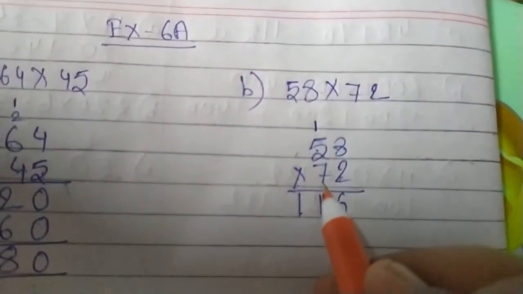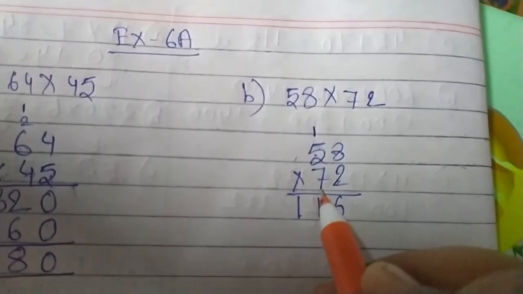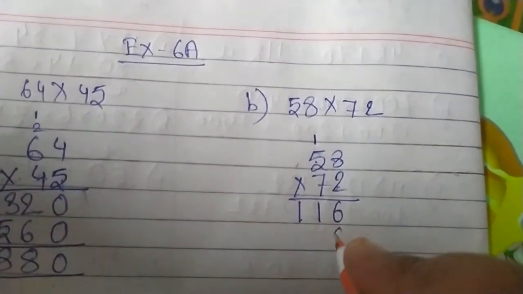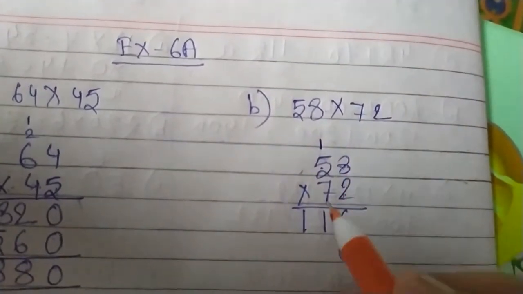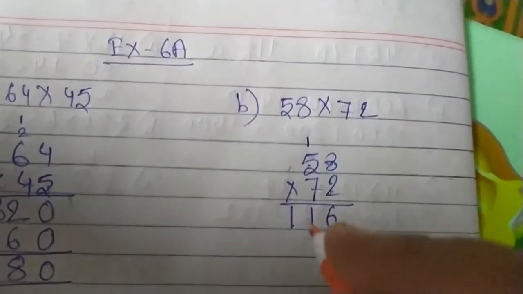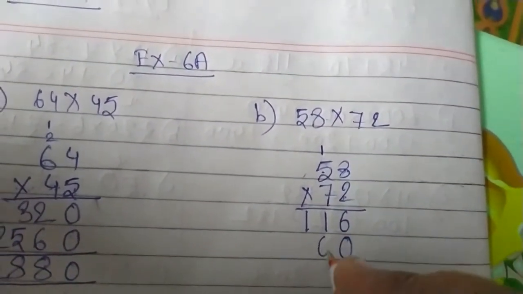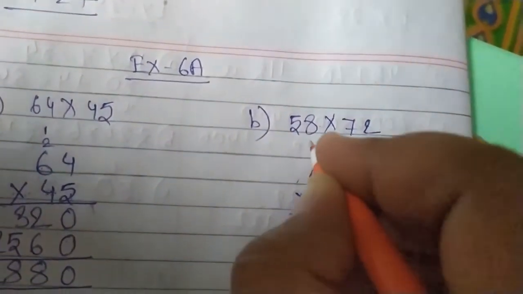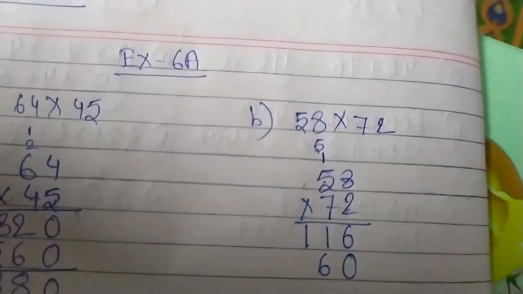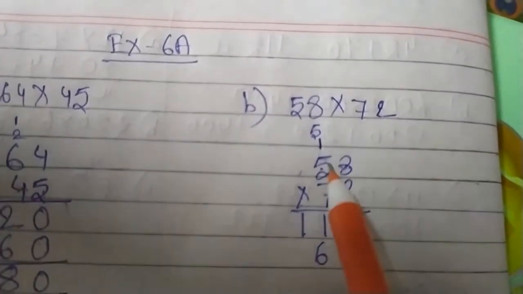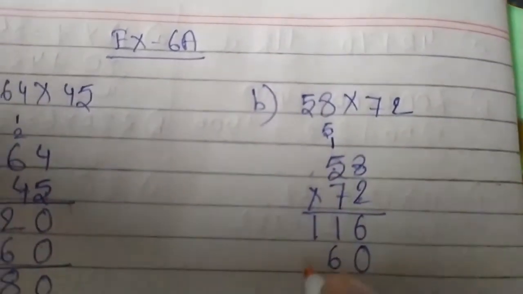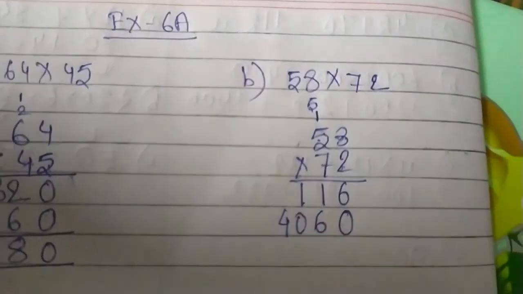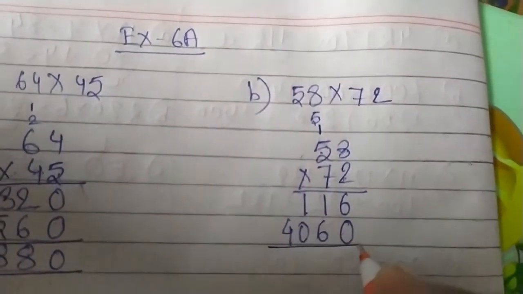Now we will multiply the tens place. Whenever we are multiplying the tens place, we will put 1 0 at the end. So 8 sevens are 56. 6 is the ones place that we will put, and 5 is the tens place that we will carry. Now 5 sevens are 35. 35 plus 5 is 40. Now the multiplication is done.